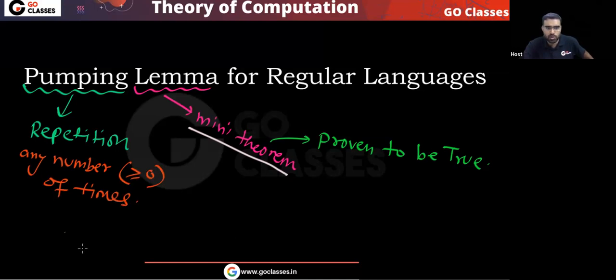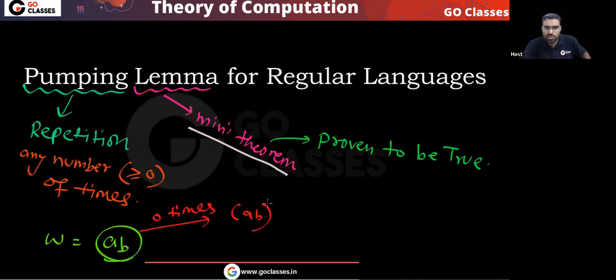You tell me, if I give you this string, for example AB, and I repeat this string 0 times, then what will I get? 0 times means AB power 0, that will be the empty string.